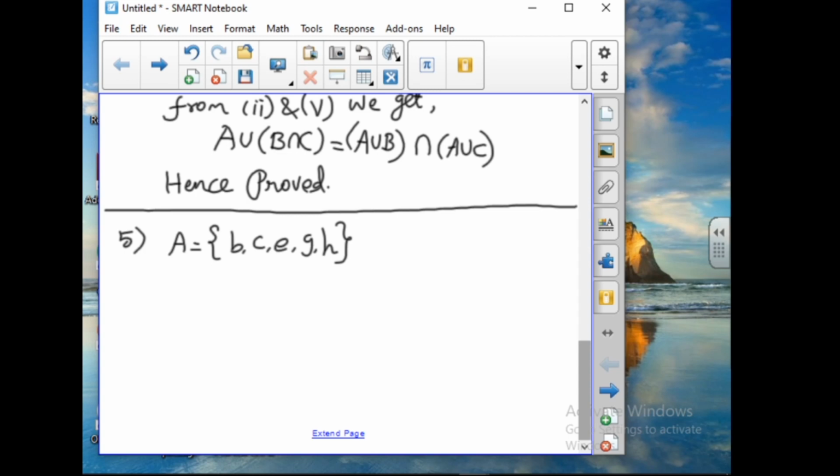Then B is equal to {A, C, D, G, I}. Then C is equal to {A, D, E, G, H}.